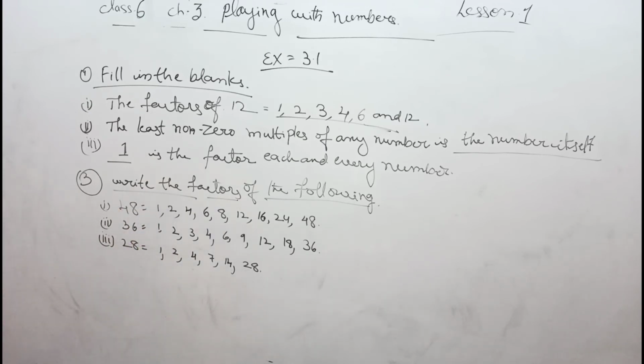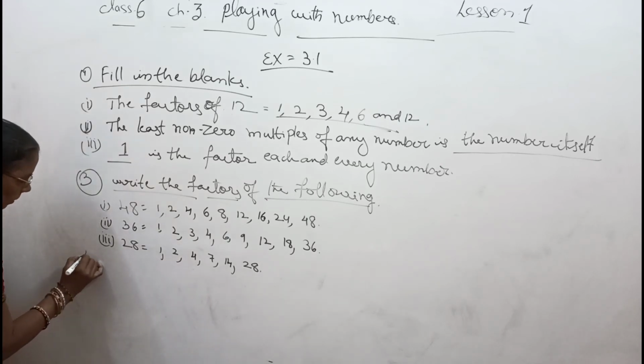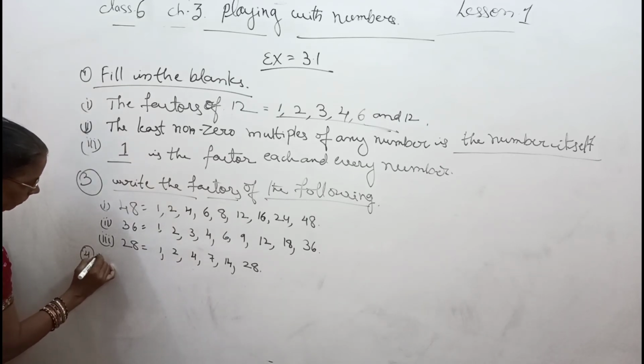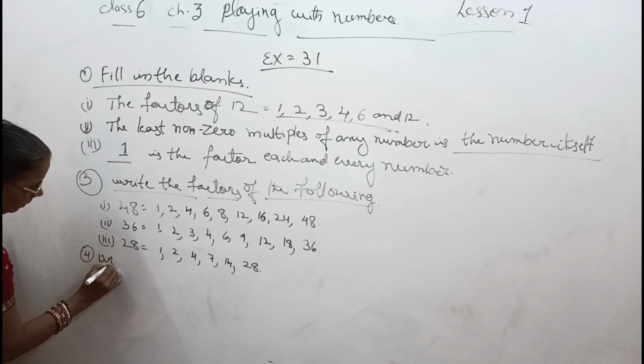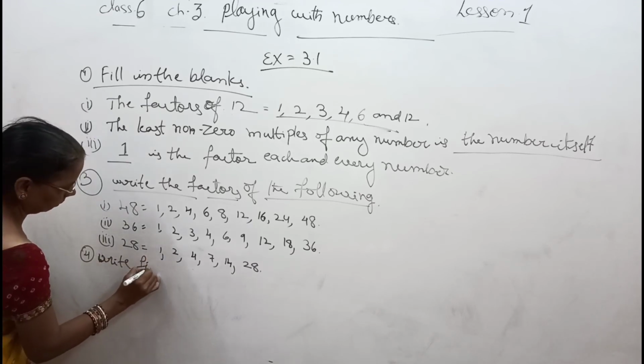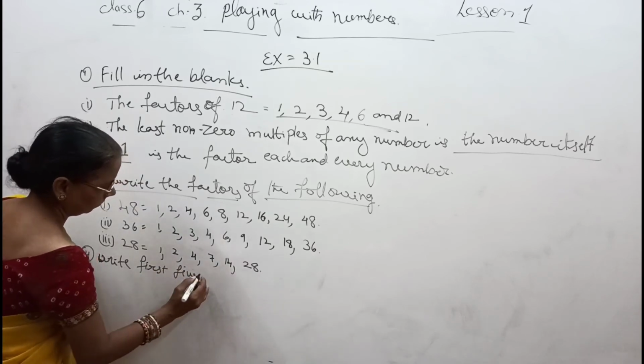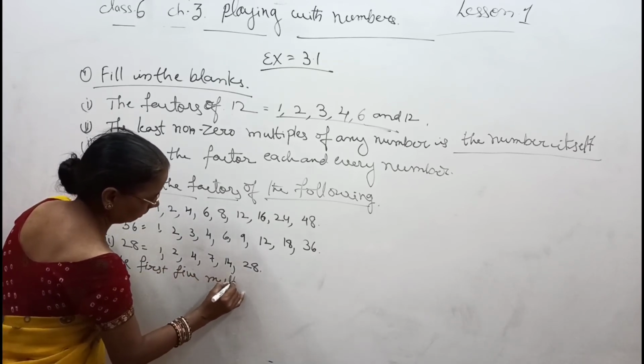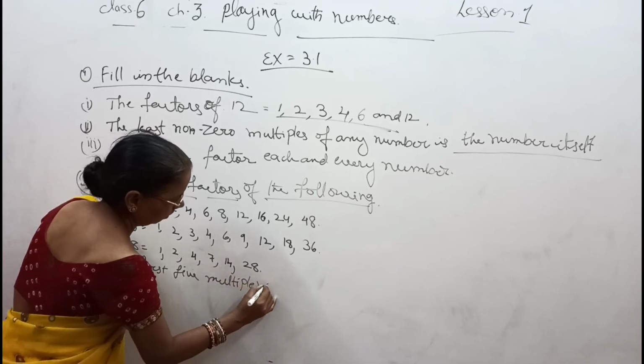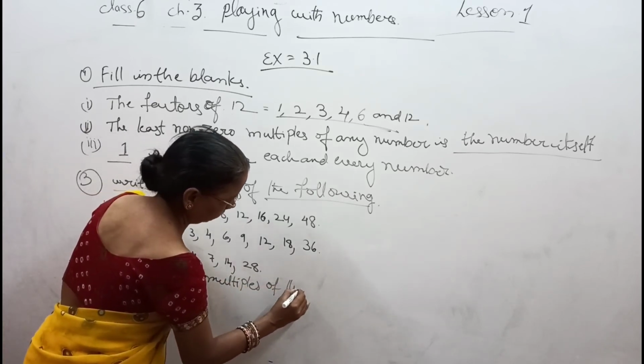Now go to the fourth question: write the first 5 multiples of the following.